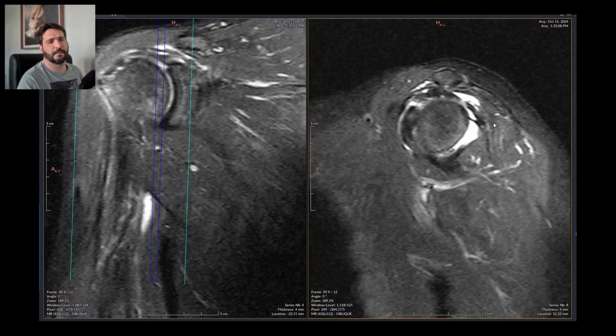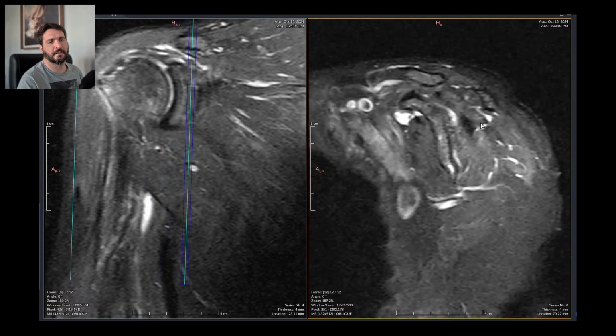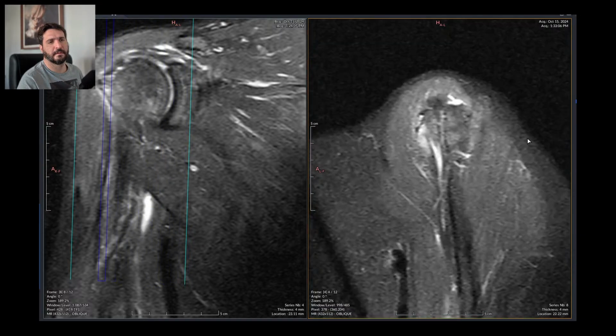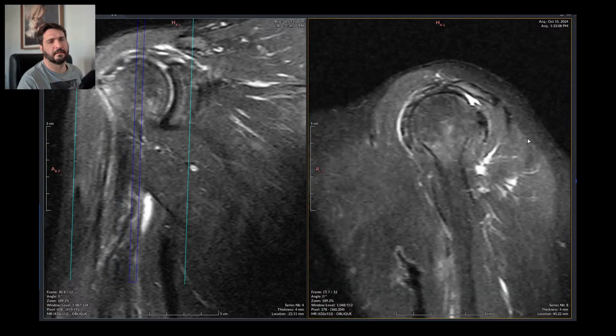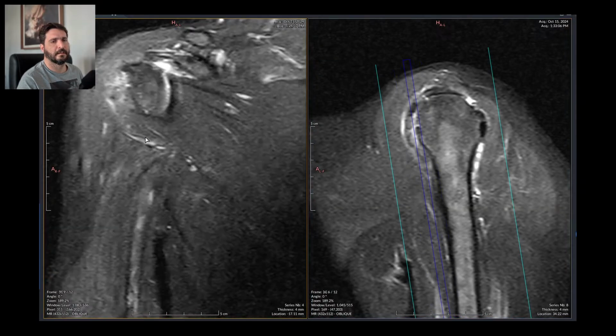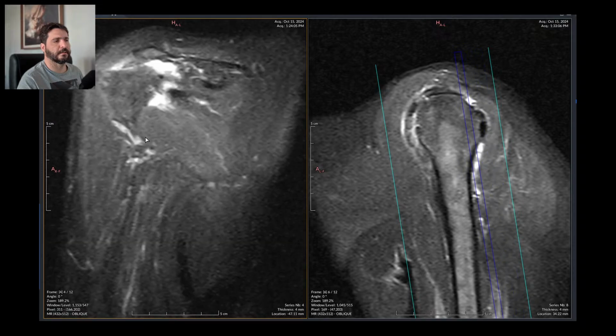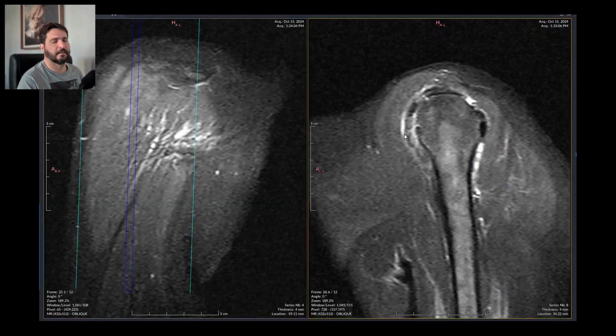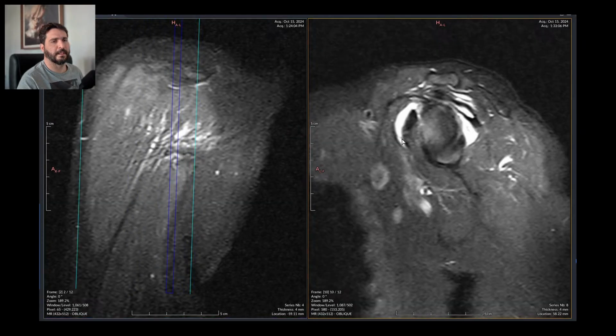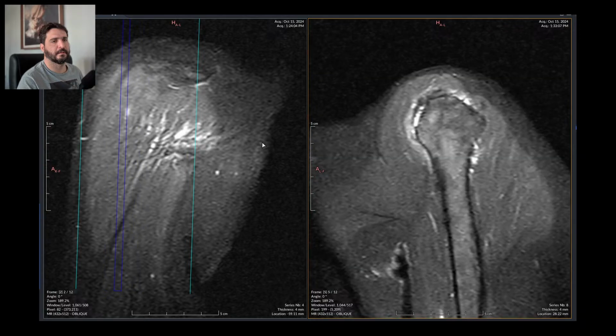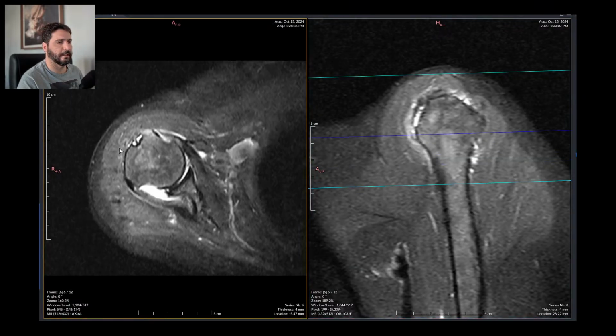And this infraspinatus tendon right here, it's odd to say the least, but man, this is so bad.